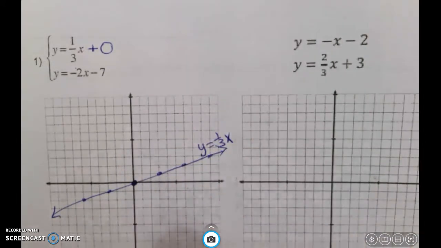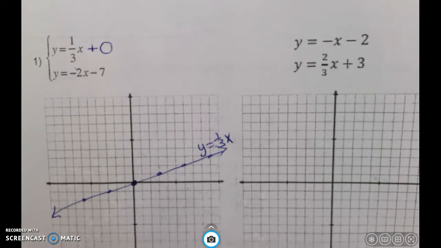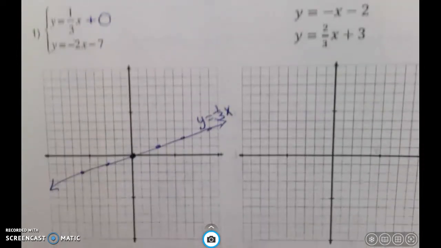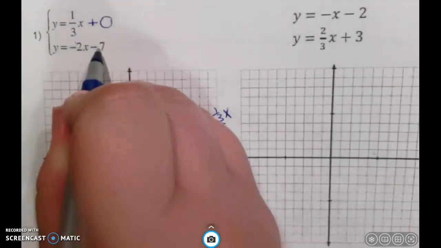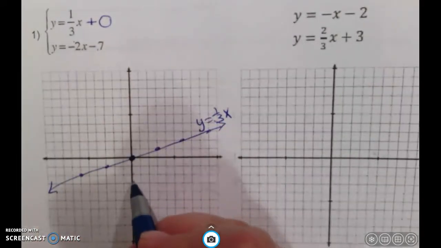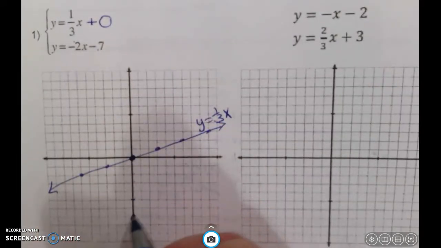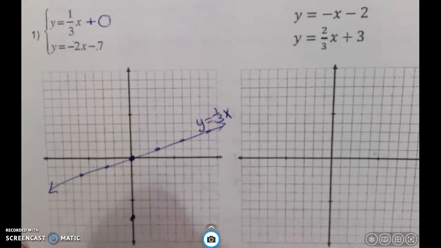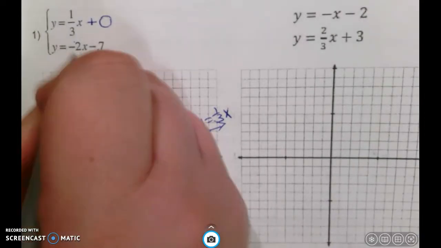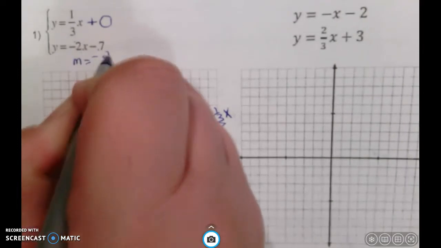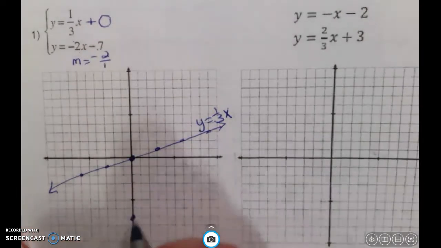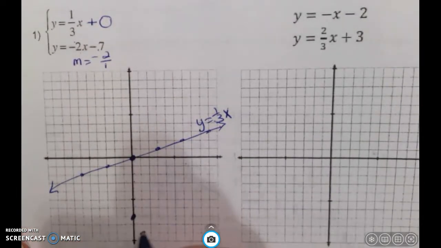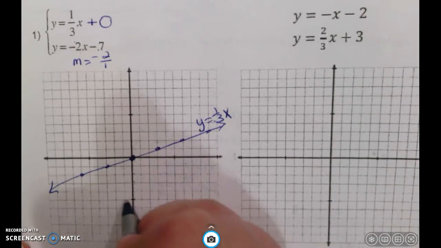Now I'm going to graph y equals negative 2x minus 7. In order to do that, you want to make sure you start by plotting the y-intercept, negative 7. And then from there, the slope is negative 2. When the slope is a whole number, you can think of it as negative 2 over 1, which means you can go down 2 and right 1, or you can go up 2 and left 1.